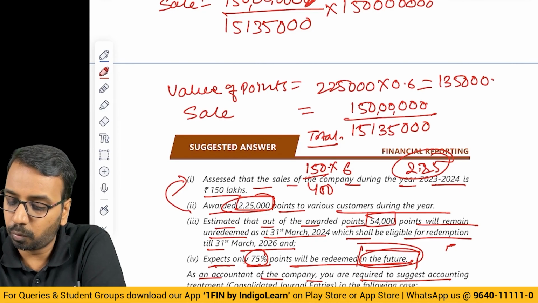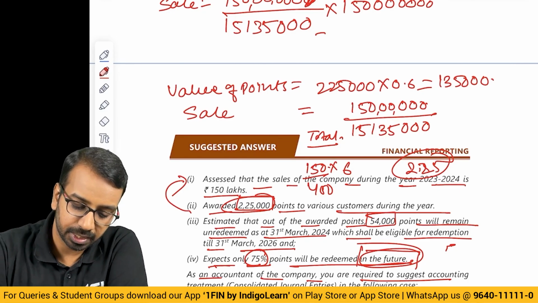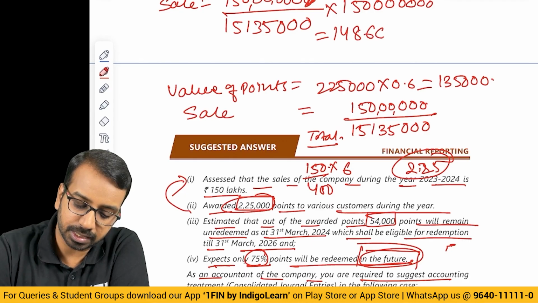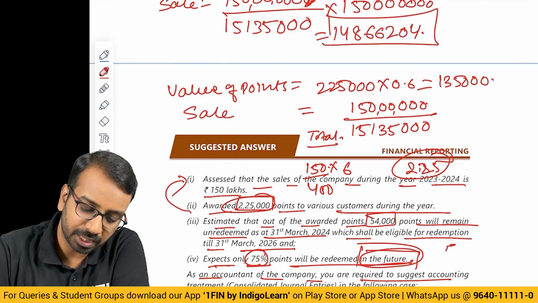You get 148 lakhs 66,204. So this will be 148 lakhs 66,204. This is the revenue to be recognized.